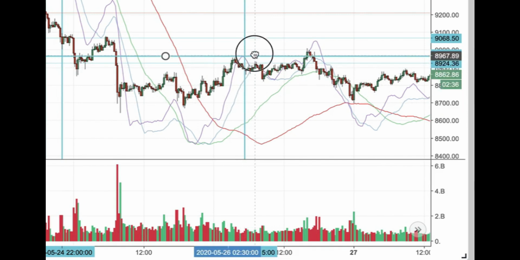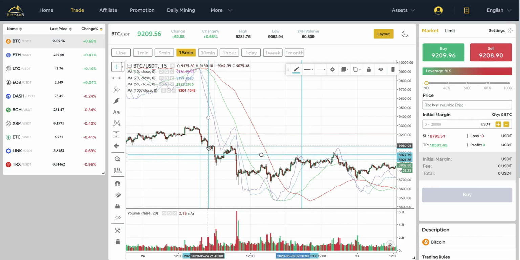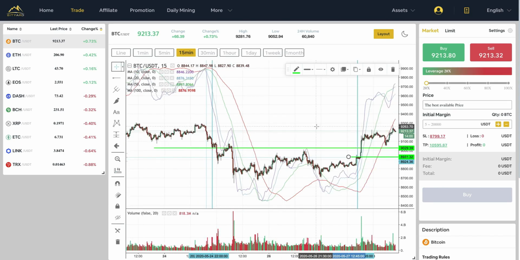We haven't crossed the previous high of 8,981, but there is certain bullish momentum being indicated by this, and I would probably exit here. The thing is that, guys, if we entered over here and exit over here, that would already give us almost 1% profit. So guys, that's the moving average strategy.